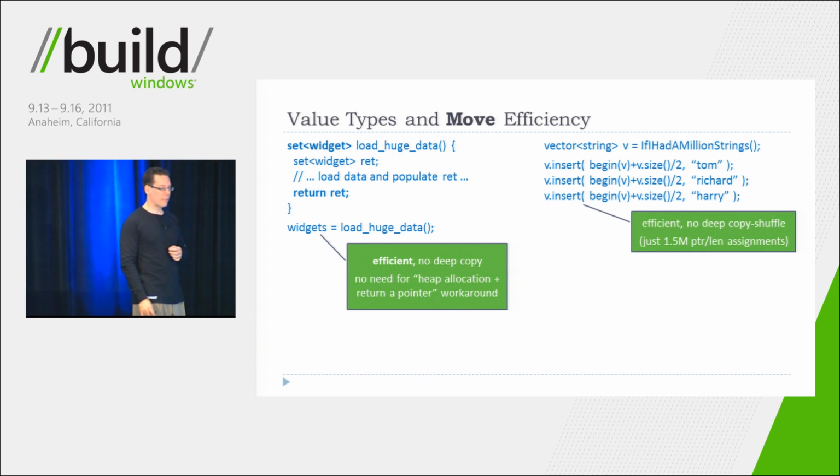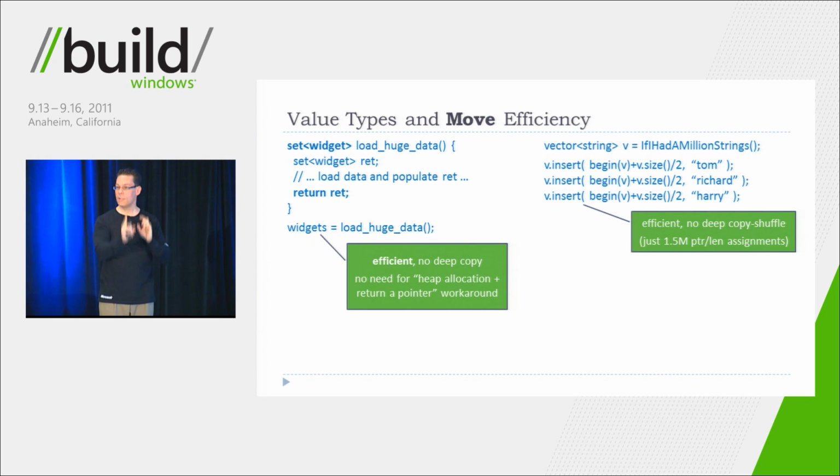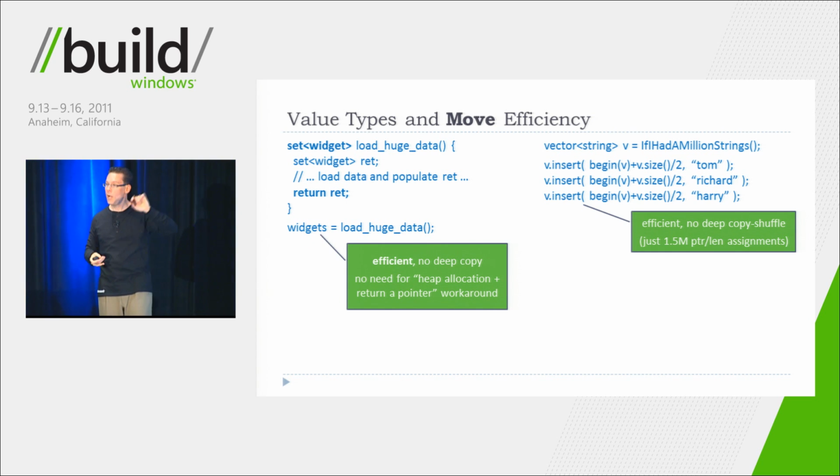Now, if I have a vector of strings, I know those are contiguous. And remember, when you insert in the middle of a vector, what happens? Shuffle everybody over by one and make a space, which is copy, copy, copy, copy, to make a space to stick somebody in the array. It's all safe because you expand the storage if necessary and so forth, but it requires all this copying. I should have said this before, so let me say it now.